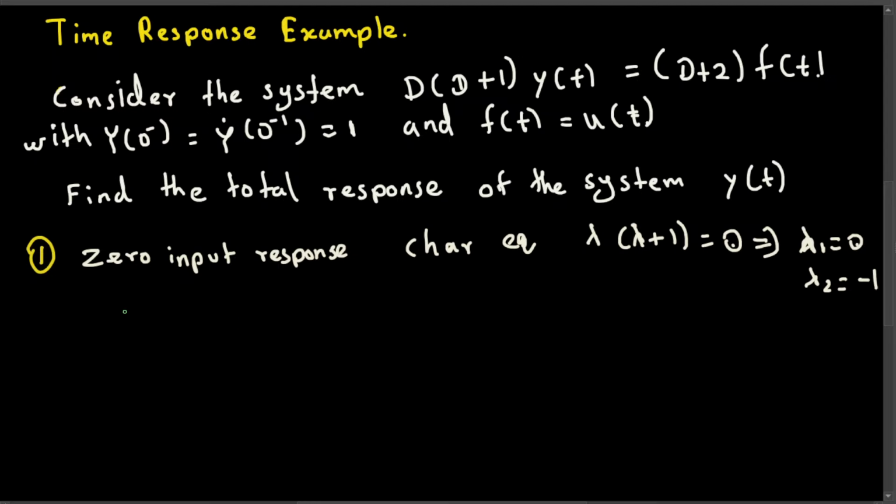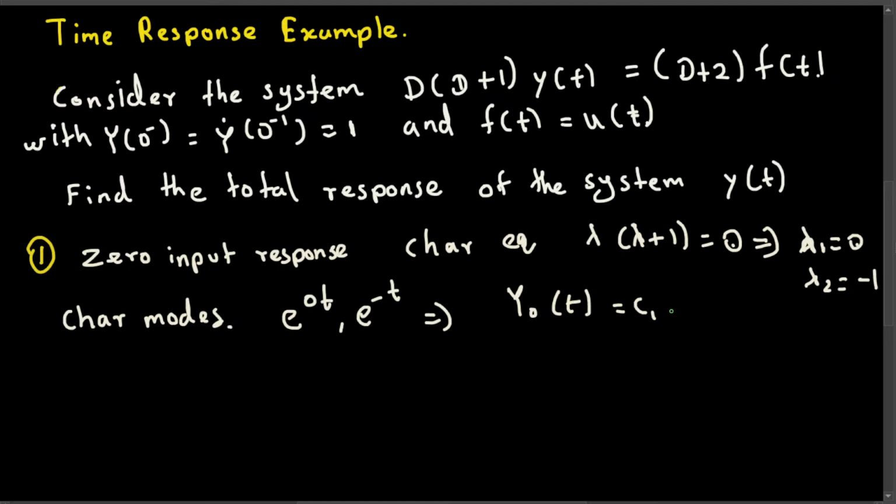After we find that, we can use the characteristic modes. We apply these real roots: one is e^(0t) and the other is e^(-t). Therefore y0(t) is equal to c1 plus c2 e^(-t), where the e^0 term just becomes 1.